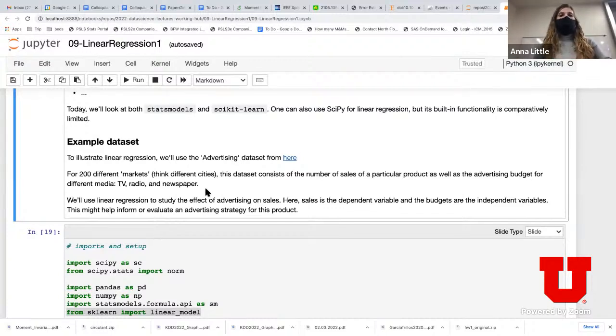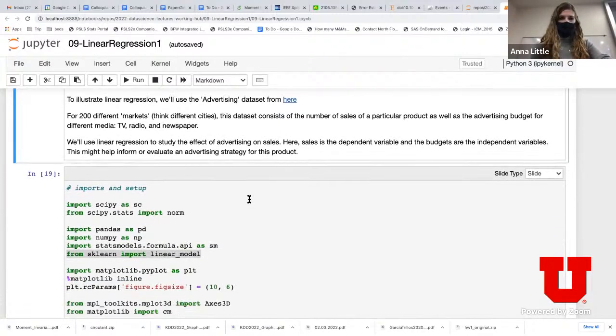We'll use linear regression to study the effect of advertising on sales. Did spending more money on advertising increase the sales, as you would expect? Here, sales of the product is the dependent variable, and how much was spent on TV, radio, and newspaper advertising are the explanatory variables.